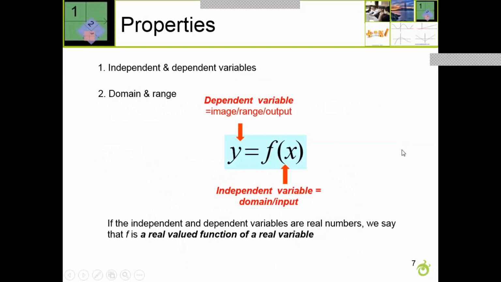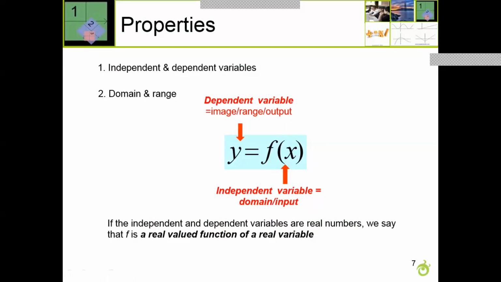Next is the properties of function. We have independent and dependent variable as I mentioned before, and then we have domain and range.